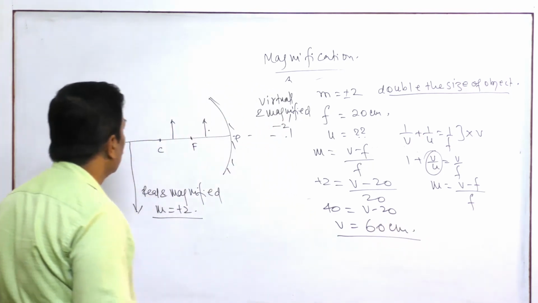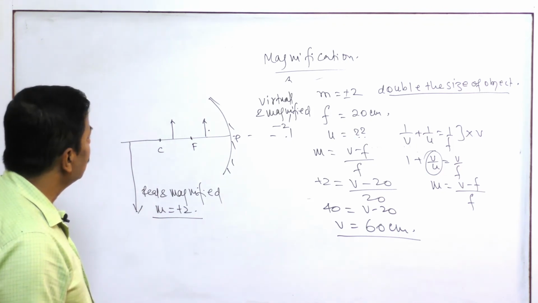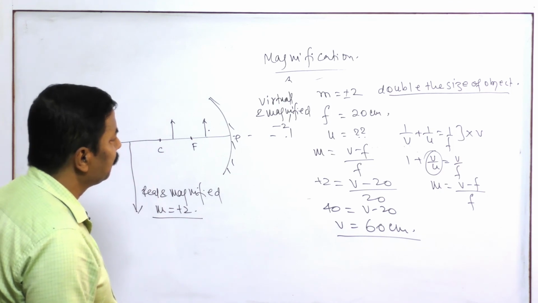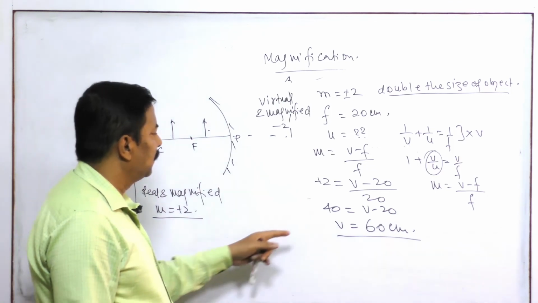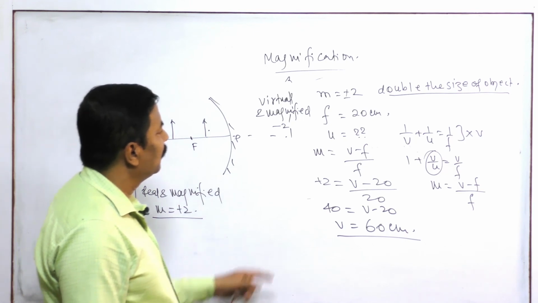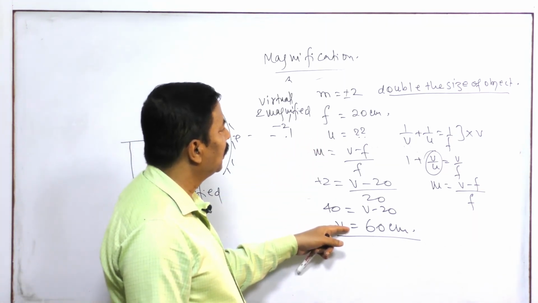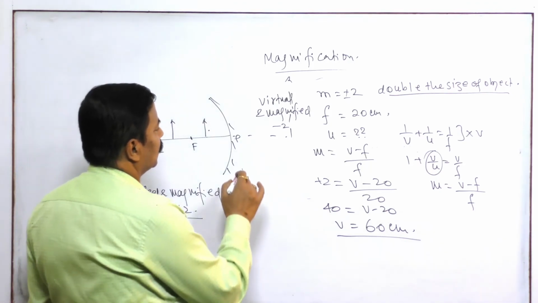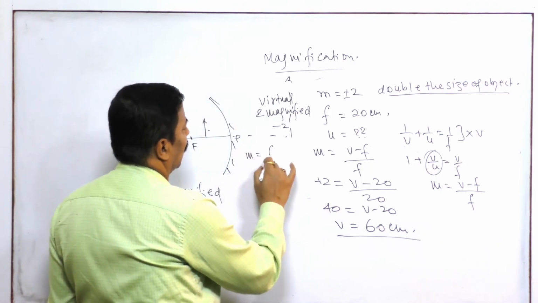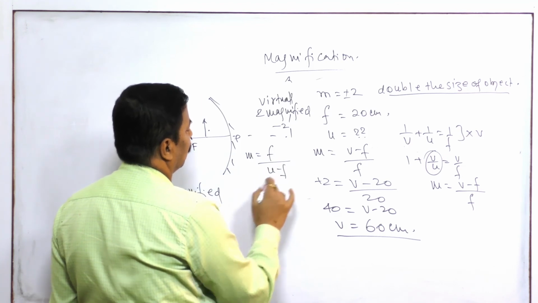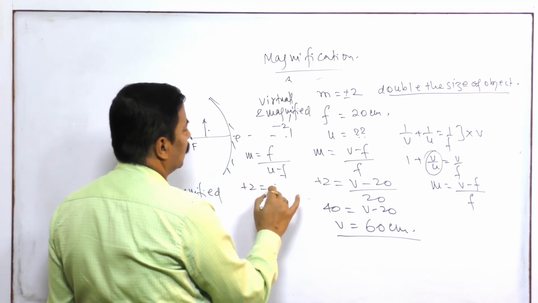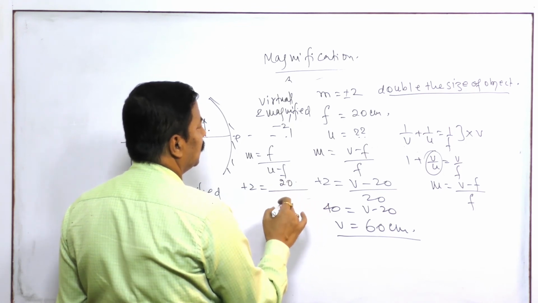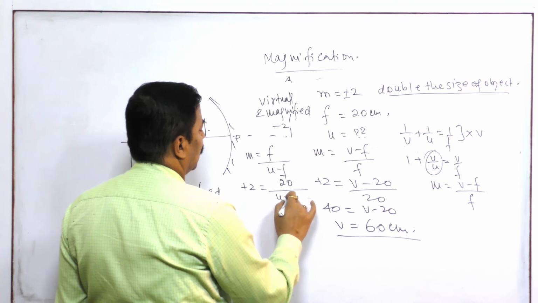In a concave mirror with focal length 20 centimeter, the image position will be 60. But what do we have to find? We have to find U and we are finding V. Then how will the answer come? M is equal to F by U minus F. So plus 2 is equal to 20 by U minus 20.